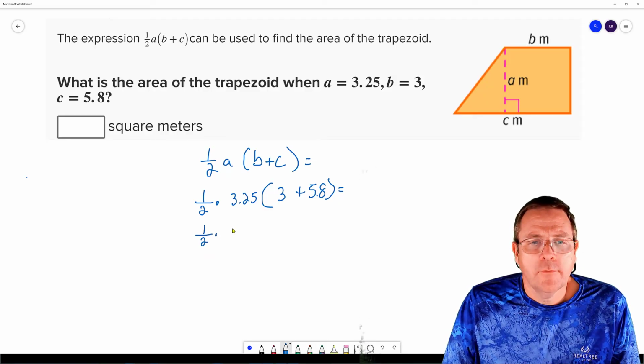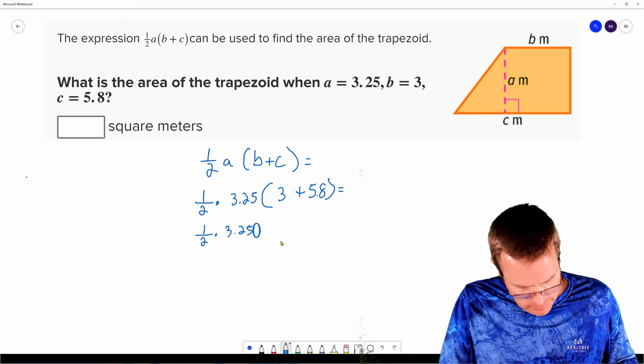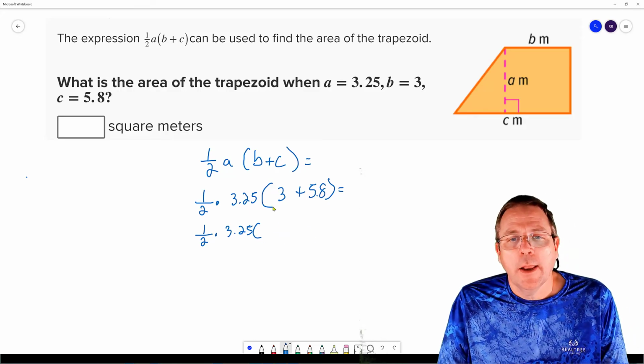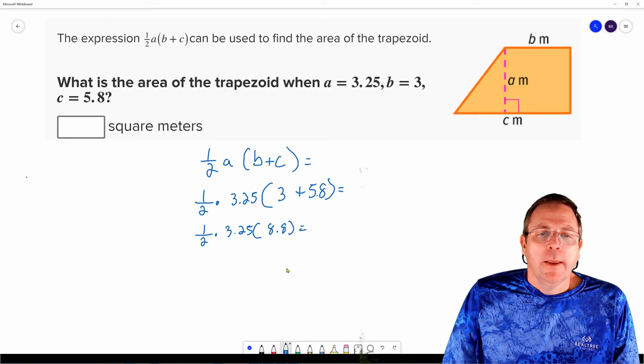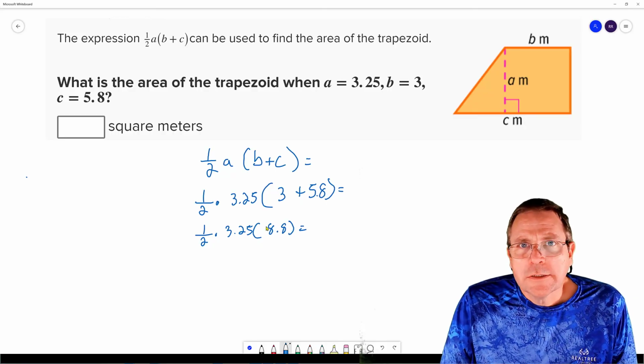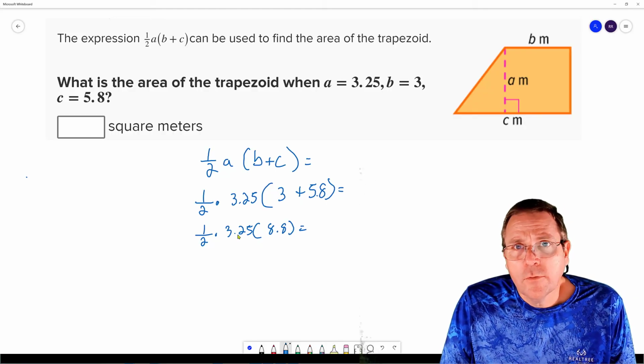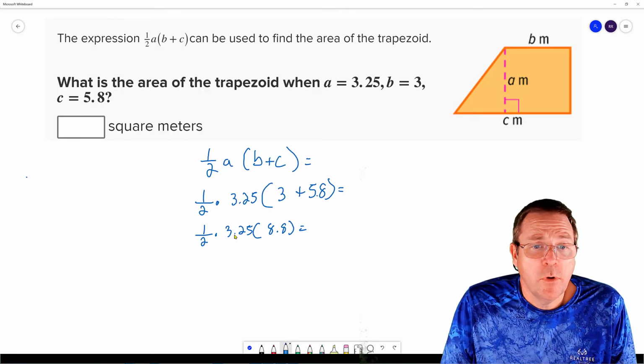The 1/2 times 3.25, I'm going to leave alone right now, because instead I'm going to be going after the 3 plus 5.8, and that is going to end up giving me 8.8. Now, if you remember earlier, I said that it didn't matter what you multiplied in here. You got this little thing called the commutative property of multiplication that says order doesn't matter when multiplying.